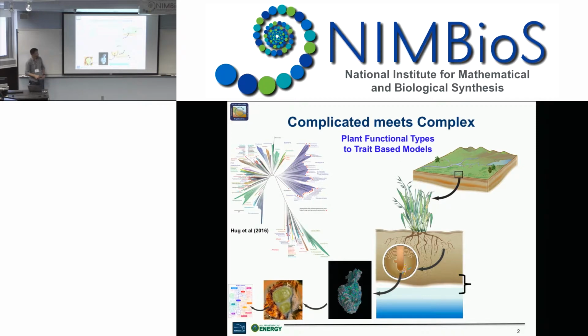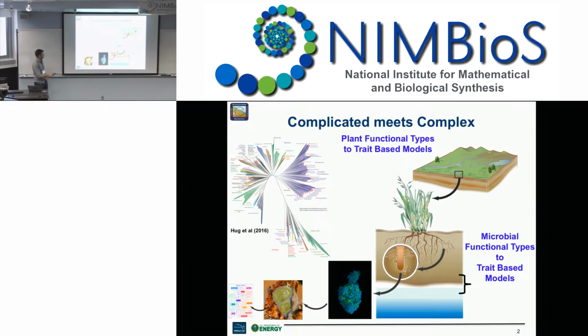Okay. So the vegetation community has come to a similar conclusion, of moving from plant functional types to trait-based models because of the diversity of features of vegetation that are not captured in plant functional types, and also, as we heard earlier today, the need to build models that are emergent, that allow us to identify when and where specific combinations of traits are valuable to an organism and improve its fitness.